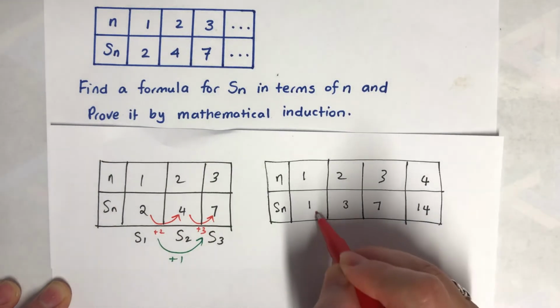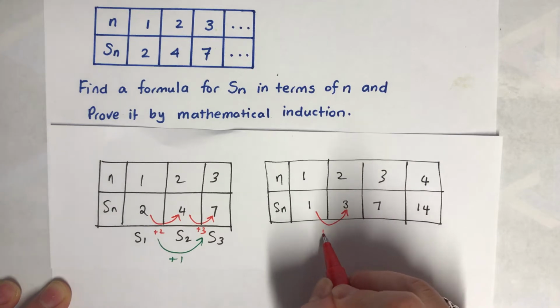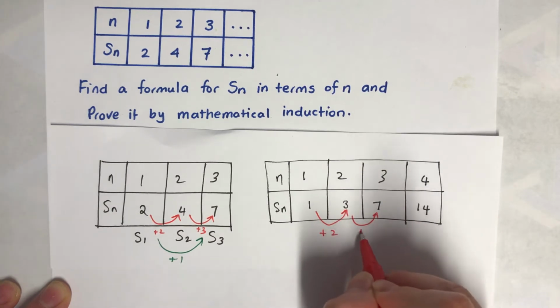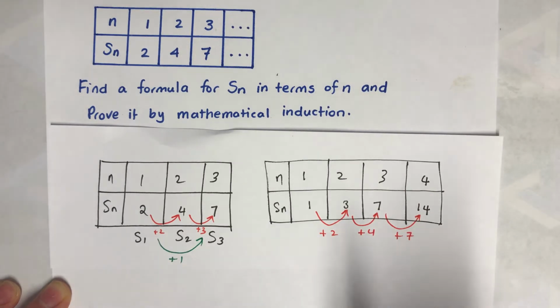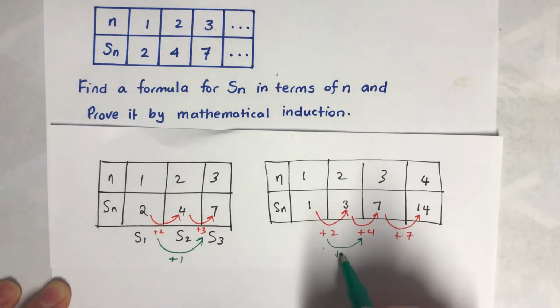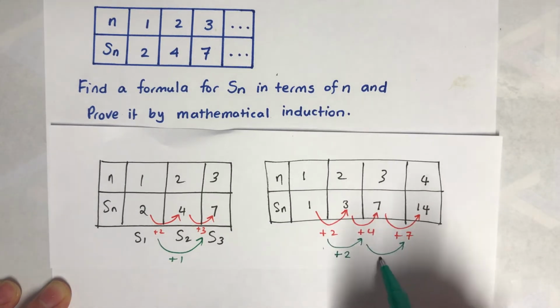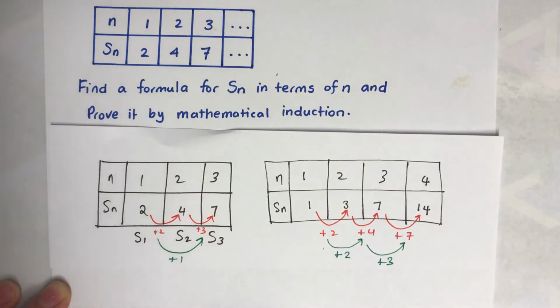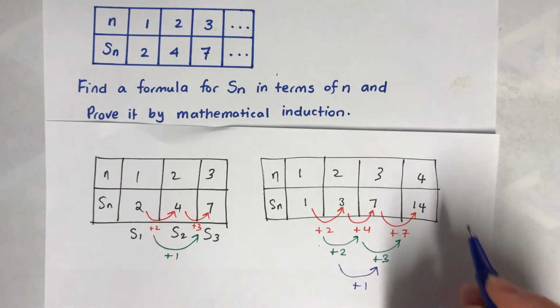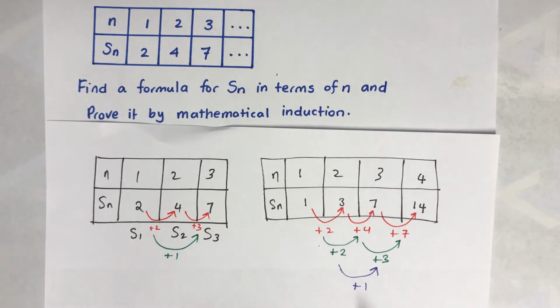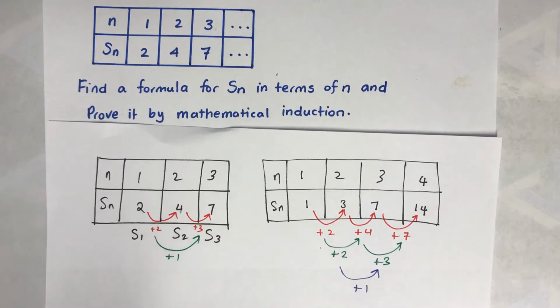From here to here, what's that? Plus 2, plus 4, plus 7, right? And then from here to here, plus 2, here to here, plus 3. Now from here to here, plus 1, and then the next one will be plus 1. So there's a regular constant happening here.